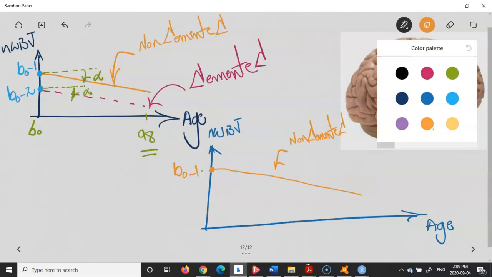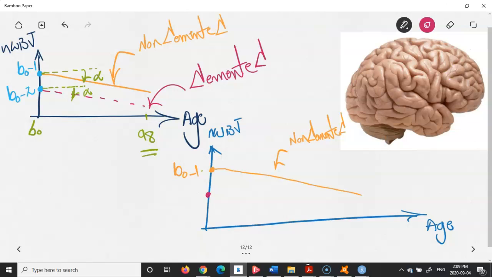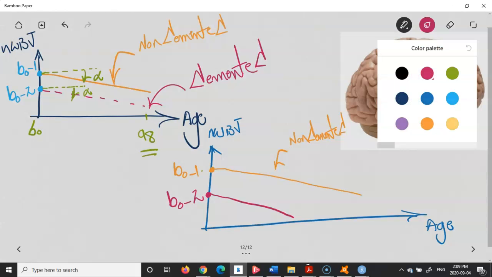However, for the demented case, we expect that it starts from the same intercept as before, which we call B02, but this regression line is not going to be parallel, because we hypothesize that with the demented case the atrophy occurs faster, so the slope is going to be much more drastic.